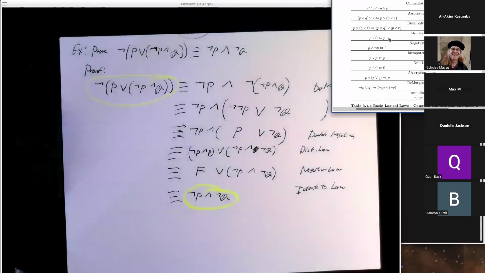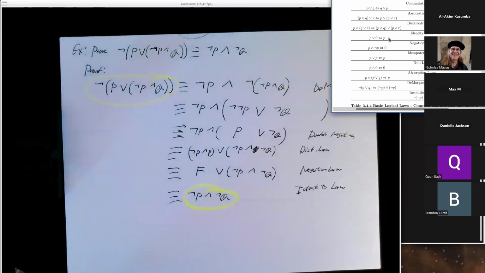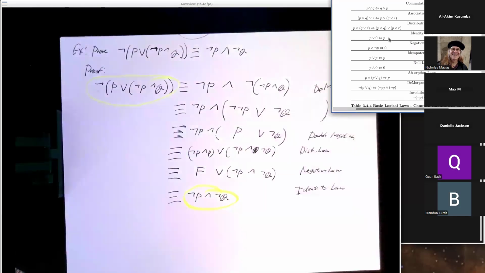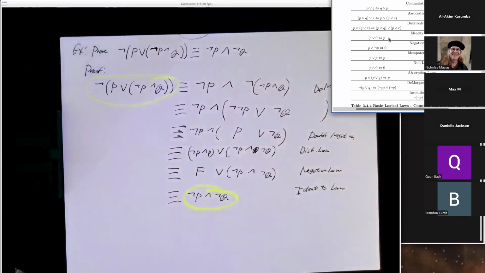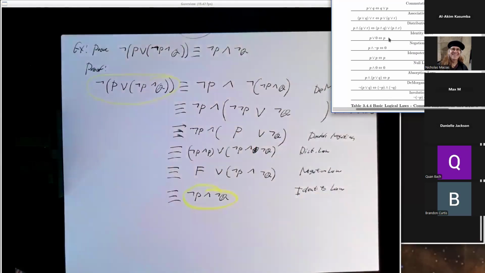Eventually, you'll get to a point where anytime you see something like this, you're going to think De Morgan, right? If you see a conjunction or disjunction, you see a negation outside, your brain's going to say, use De Morgan's law. And you'll write that down. And anytime you see double not P, you got to think P. Let's just use double negation.